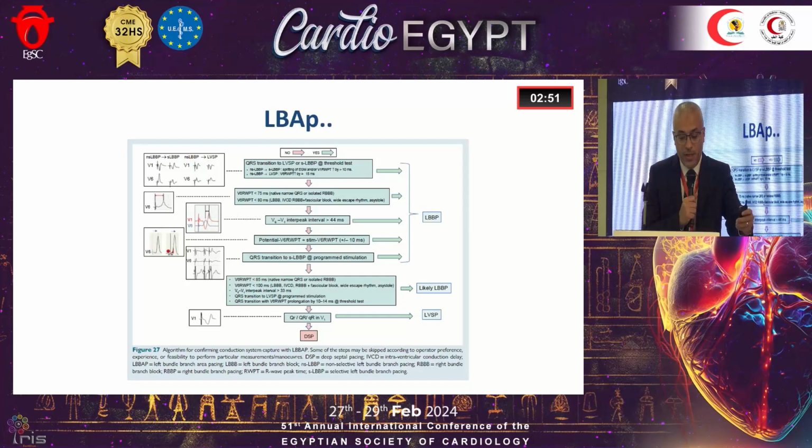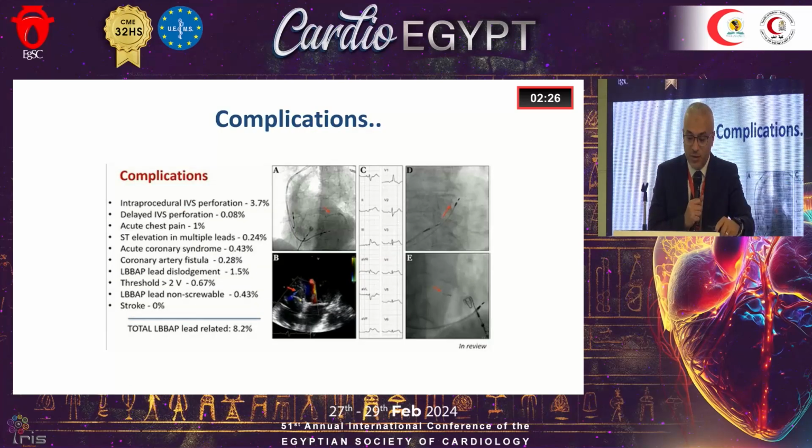The V6 to V1 inter-peak interval is more than 44 milliseconds as well. All of these are criteria in order to get an effective left bundle pacing. So we still need to work on verifying the capturing of the left bundle area pacing to make it, I think, easier to know whether you go directly or not, and whether you must use an EP system or just with the 12 lead ECG you can do this left bundle area pacing.